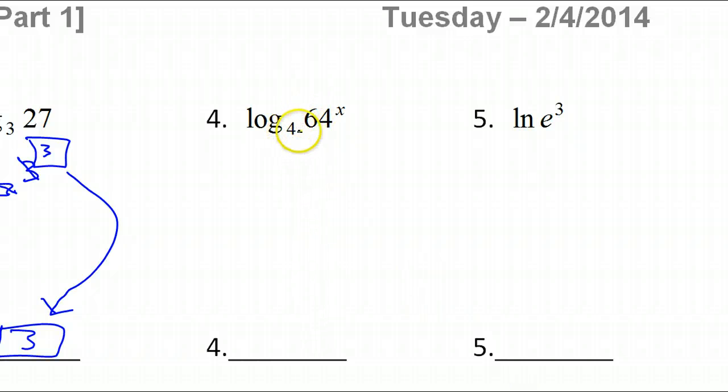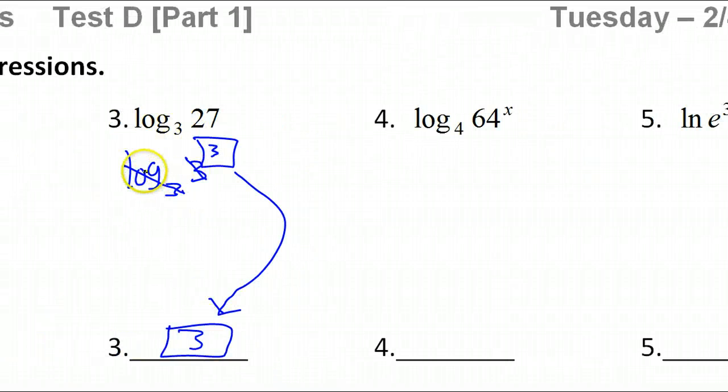Now this one, because it has the x sitting here, really the best thing to do is to do it the second way with the canceling bases. I really recommend you do it like this. This is log base 4, and 64 is 4 to the third power. And there's an x there, so just put it right there.